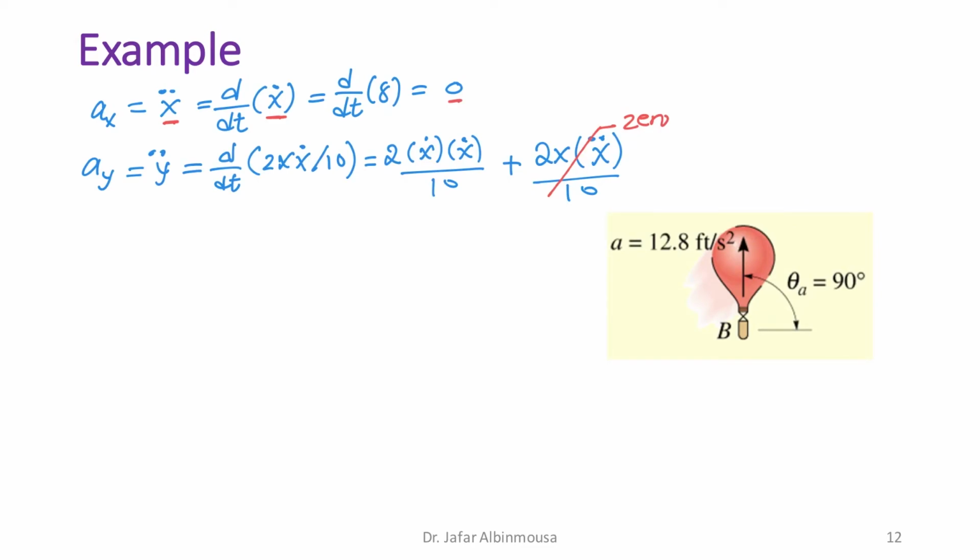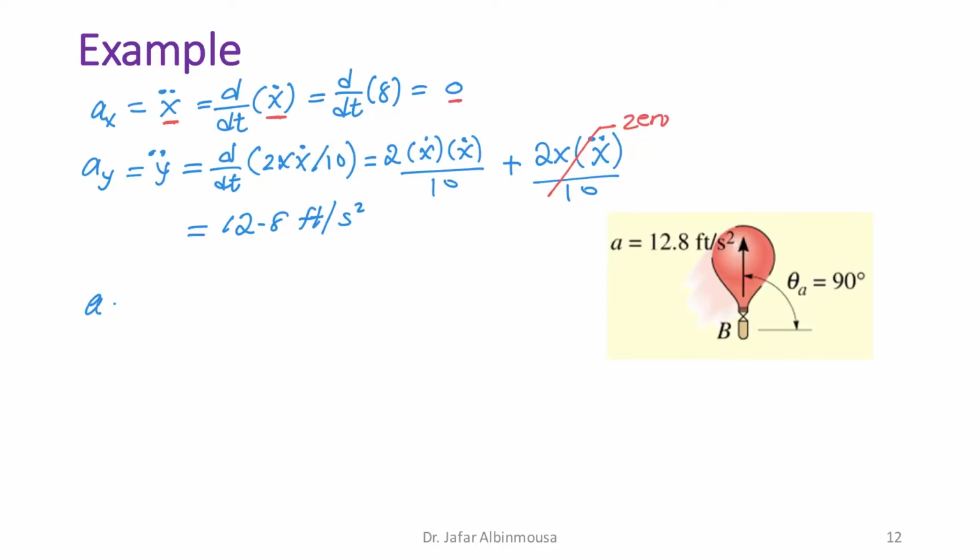And what we will end up with, substituting, is 2 multiplied by x dot again divided by 10. And this is going to give us 12.8 feet per second squared.